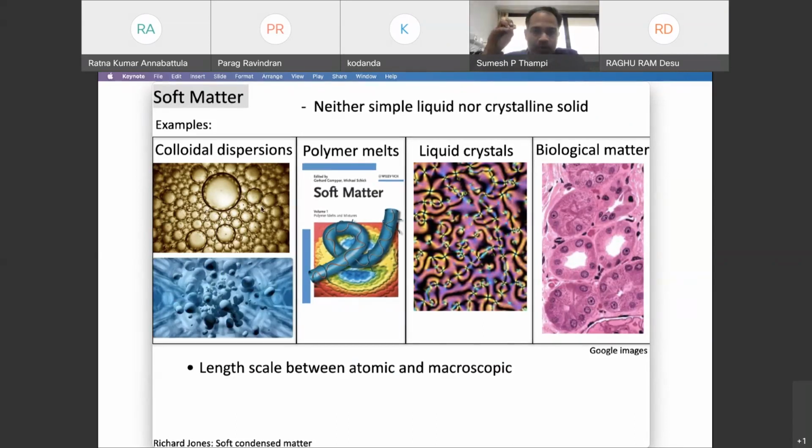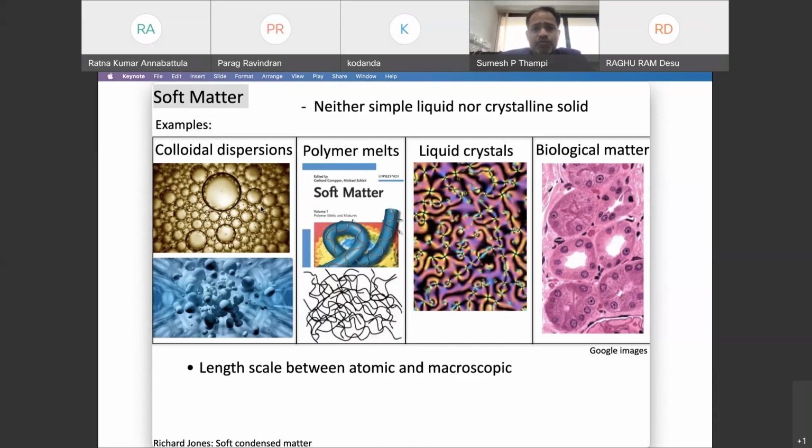You have droplets or particles. These particles are definitely much bigger than the size of an atom, but still much smaller than what you see on a centimeter scale or a millimeter scale. So that brings an additional length scale where different physics could happen.